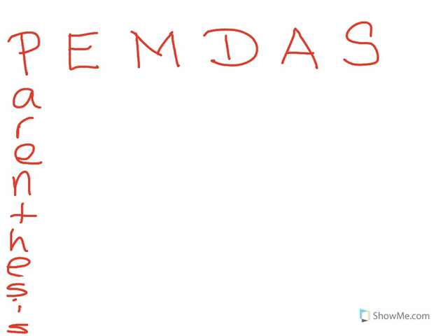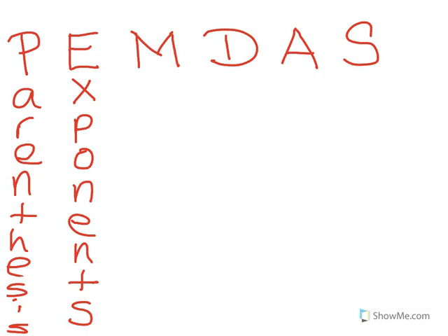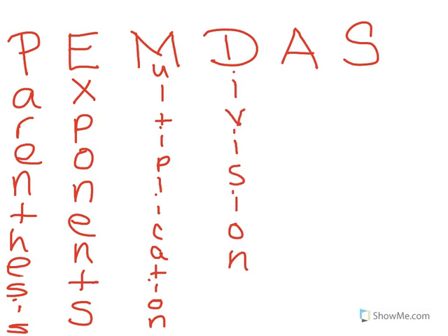E stands for exponents. M stands for multiplication. D stands for division. A stands for addition. And S stands for subtraction.